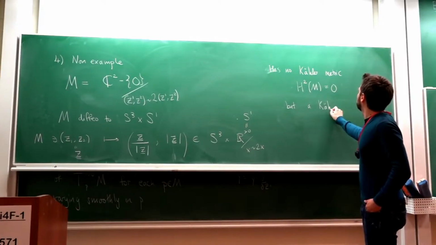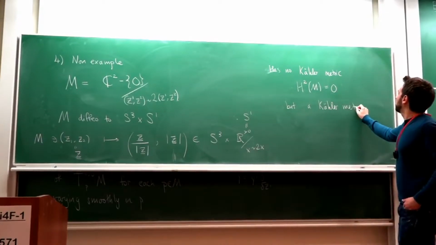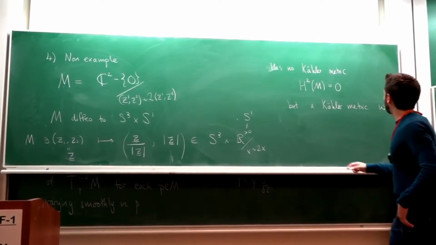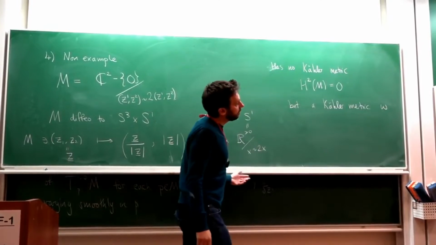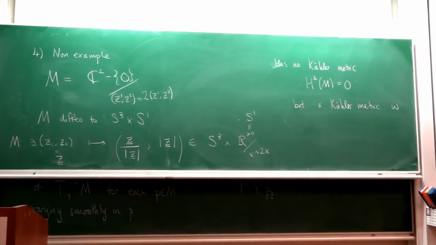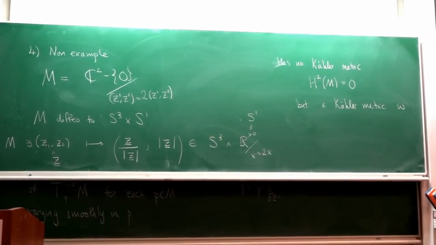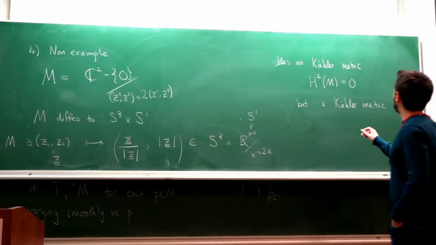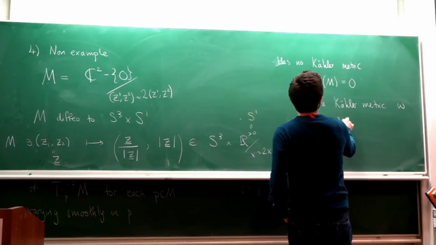But on the other hand, a Kähler metric omega is in particular a symplectic form. It's closed, and it's certainly non-degenerate because when you take the top power, you get the determinant of g.